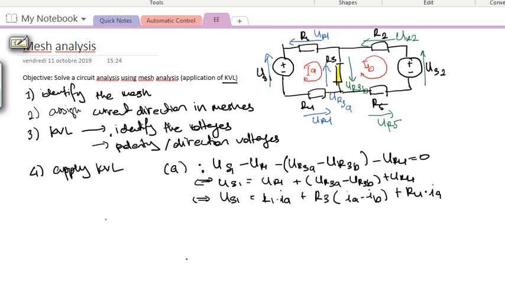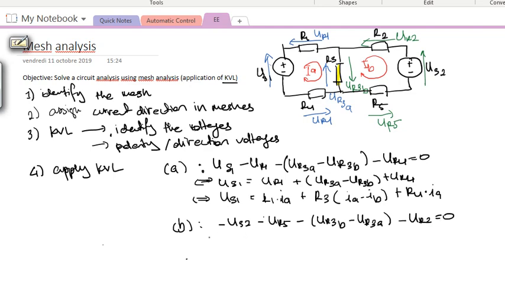So let's go to the second equation, due to KVL on B. On B, if we go through the loop, you have minus US2 minus UR5 minus, so for UR3 there are two components. There is minus UR3B minus UR3A, and then the final voltage is minus UR2, right, equals 0.